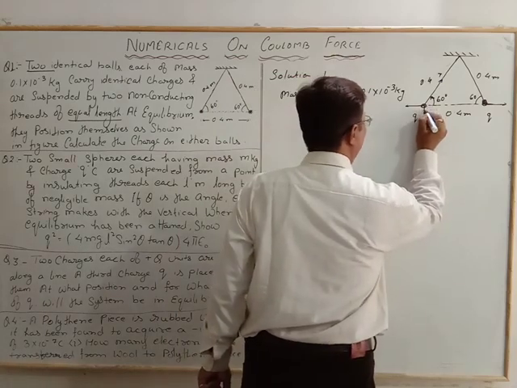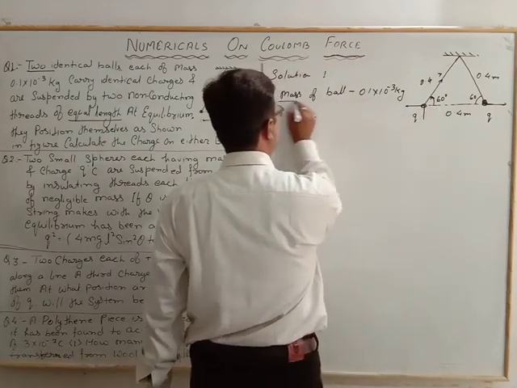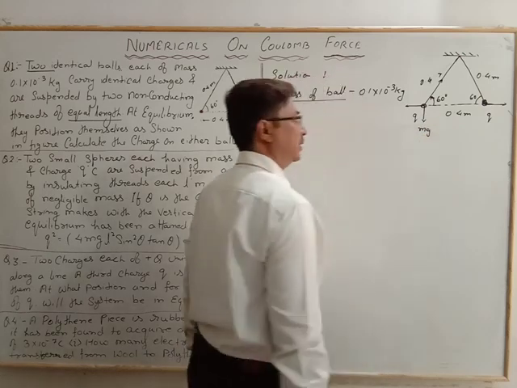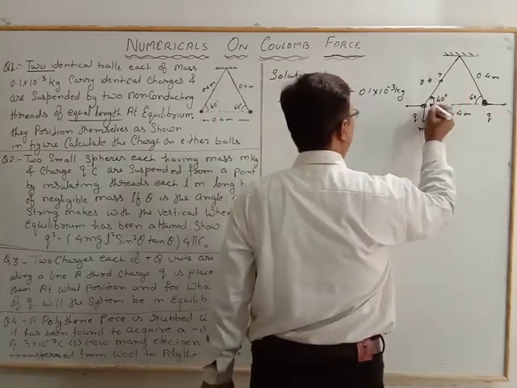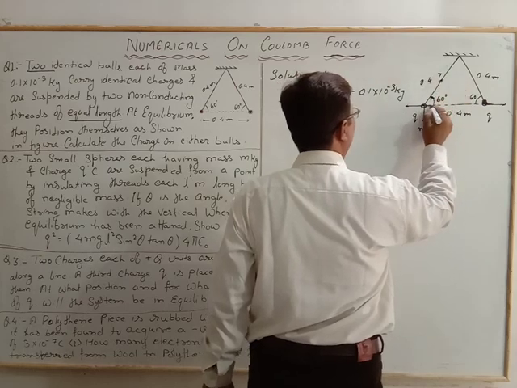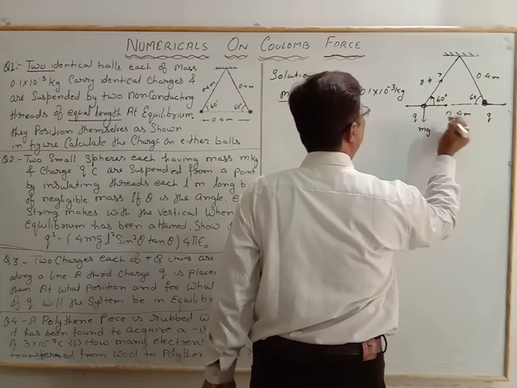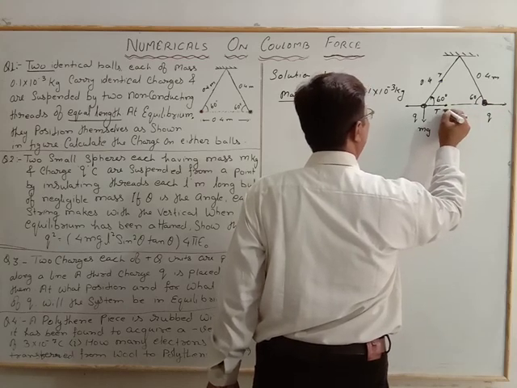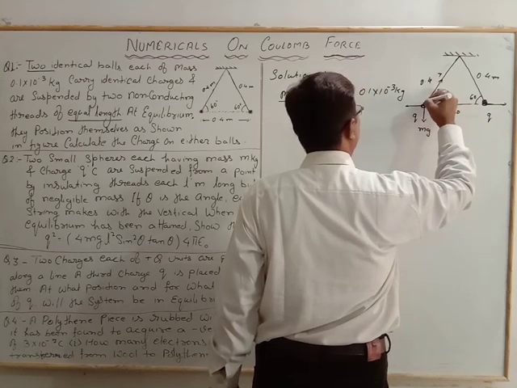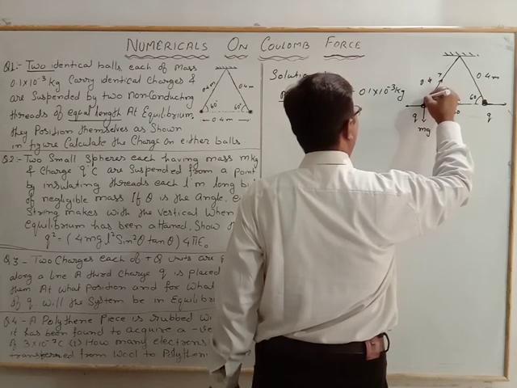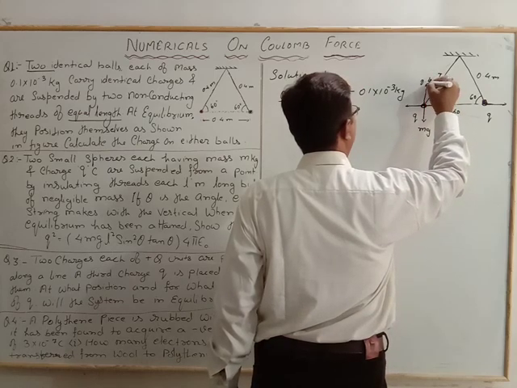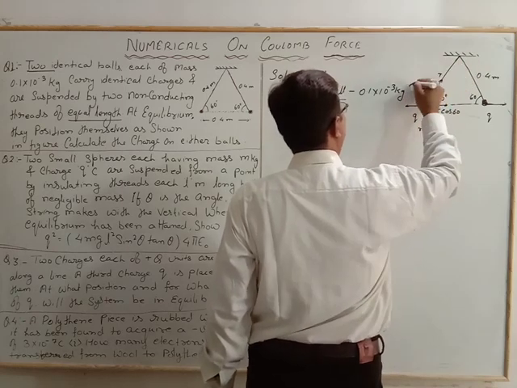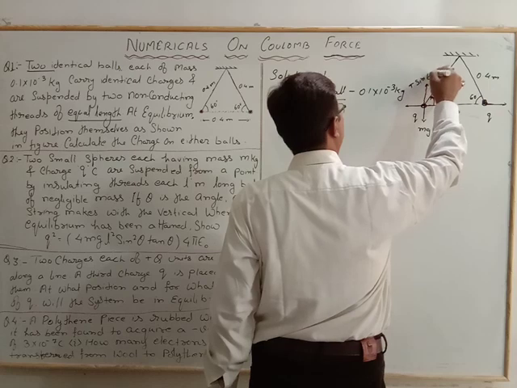And the weight of the mass mg acts vertically downward. The tension T we resolve: the horizontal component is T cos 60, and the vertical component is T sin 60.